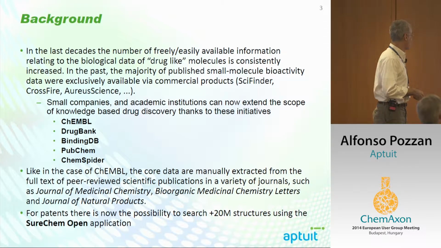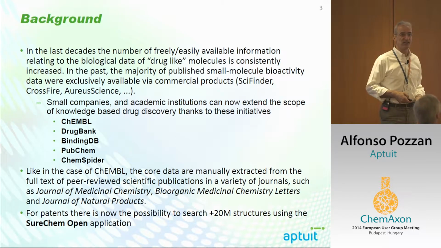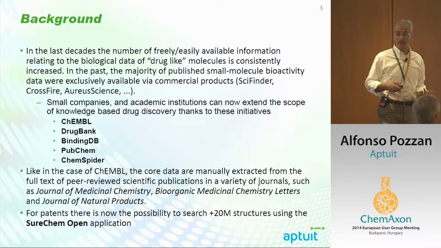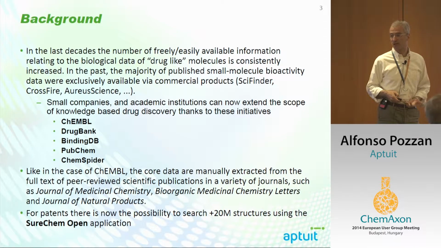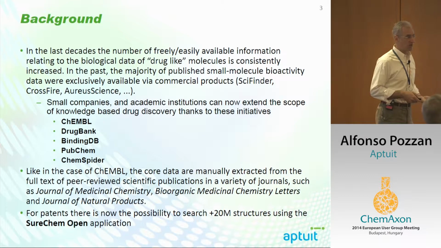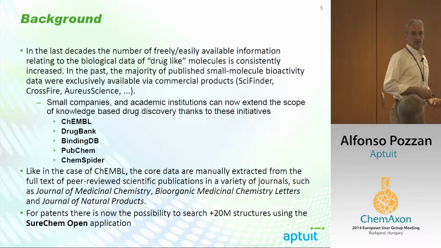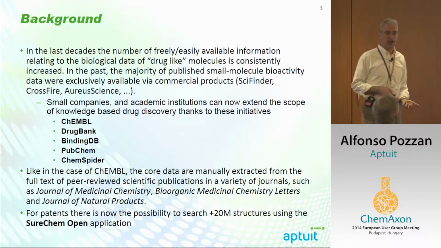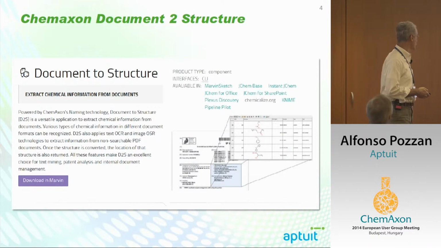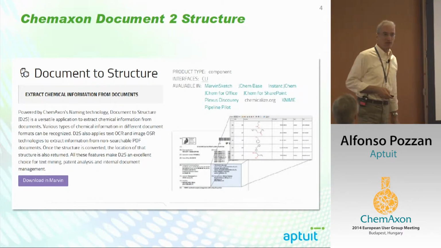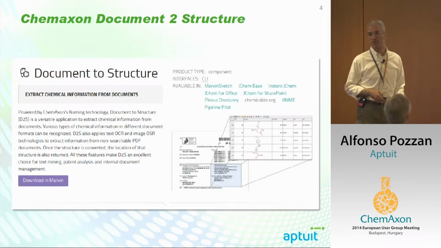But we have to realize that the majority of data are still available on paper, and a lot of data are available in patents. And as Mark was mentioning, usually patents are 2-3 years ahead of publication. So about 1 to 1.5 years ago, at Aptuit, we decided to embark on a process that would allow us to extract particular information from patents.